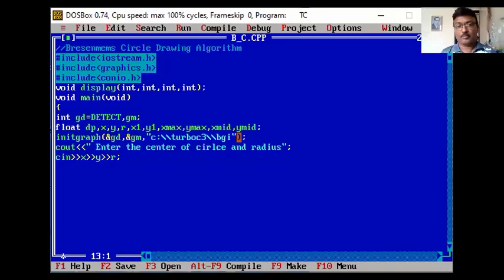Now proceed. Next one. So once you read this, then suppose I consider my entire circle on x axis, y axis. So how can we proceed here?